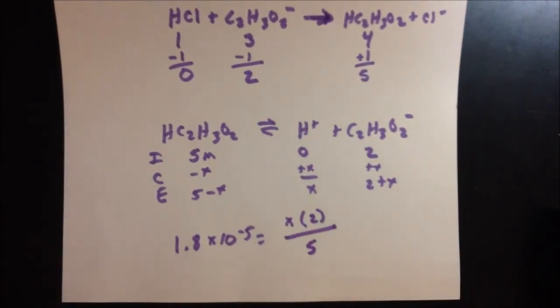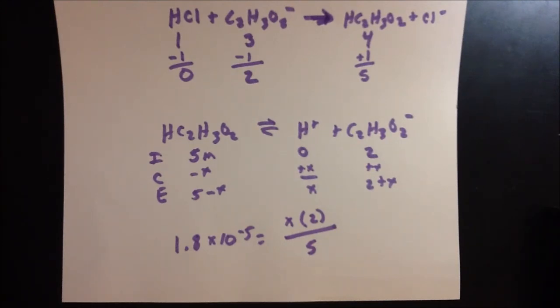It eliminates the quadratic formula. Not that you can't do the quadratic formula, you're more than welcome to do so, but you'll find that given the magnitude of these Ka values and also factoring in Le Chatelier's principle, it's a lot of extra work to do the quadratic formula, and you really won't get much different in terms of the answer.